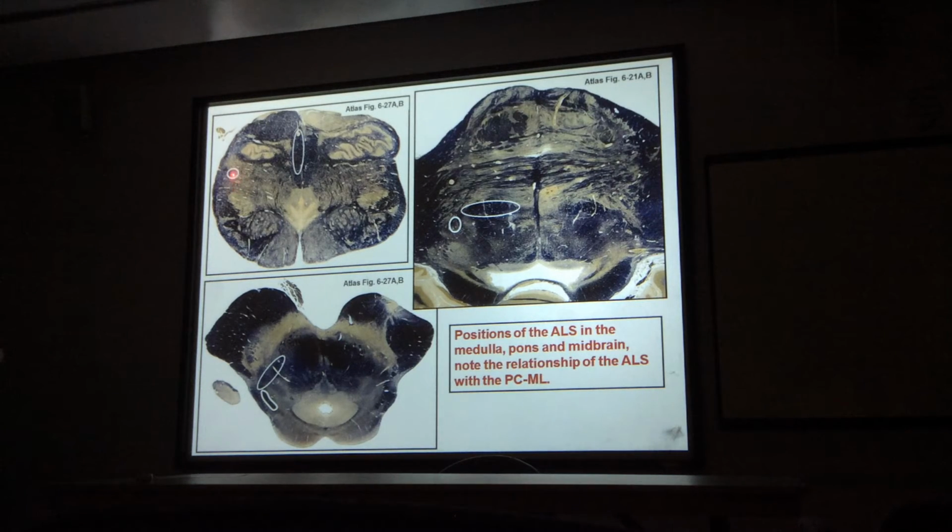And as it goes into the pons, it's in the lateral part of the pontine tegmentum. But the medial lemniscus, which is located here, shifts so that the lower extremity moves out from this orientation into this orientation. So about mid-pons, the ALS and the posterior column system become closer together.